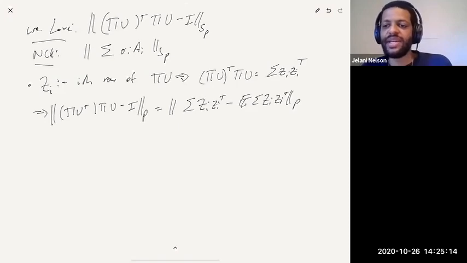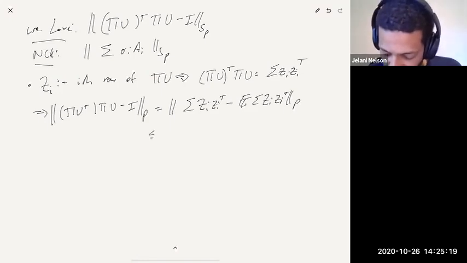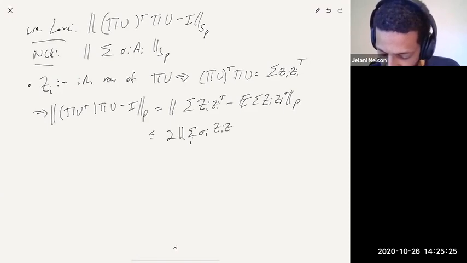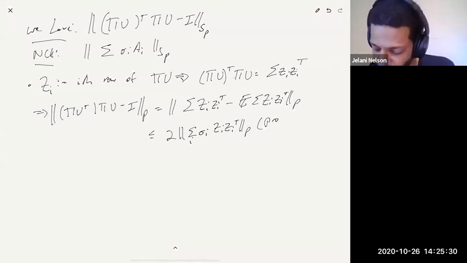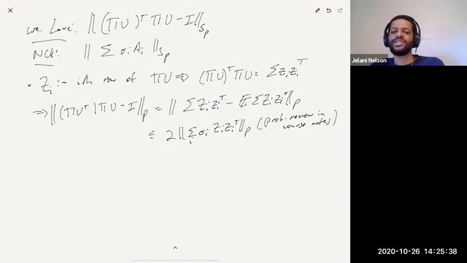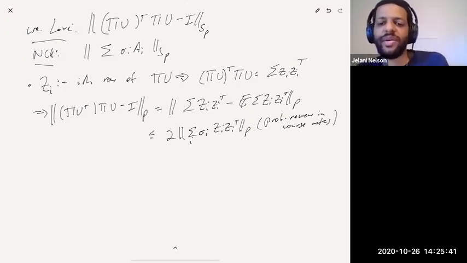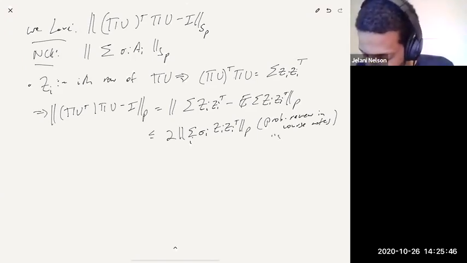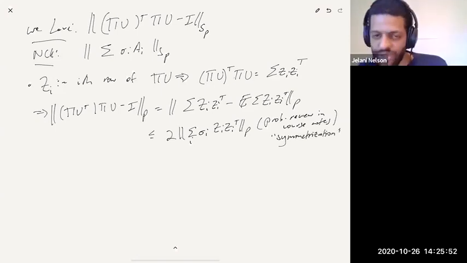And via symmetrization, this is going to be at most 2 times the norm of the sum over i of sigma i Z i Z i transpose. If you don't remember symmetrization, this is in the probability review in the course notes. This is not specific to matrices. This is just a general fact about bounding p norms of deviations from the expectation. This is called symmetrization. There's a lemma about it in the course notes.